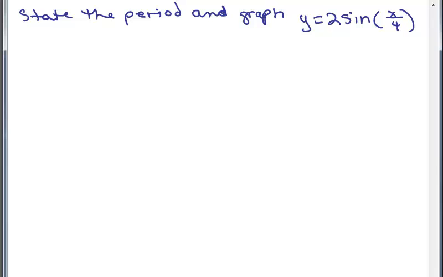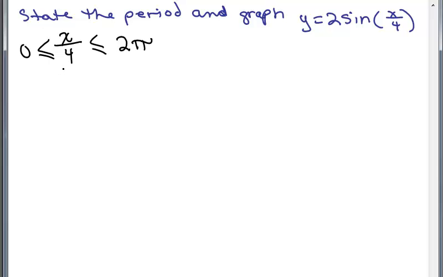All right, so there's 2 ways to find the period. One is you take the term in here that has the x, which is x over 4. And you know the period goes in between 0 and 2 pi for x, but in this case, we've got x over 4.